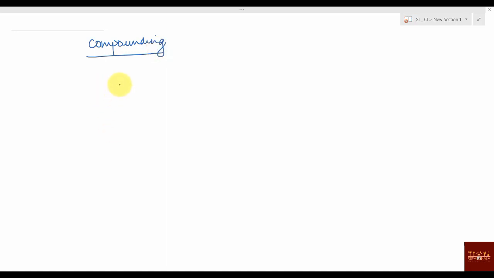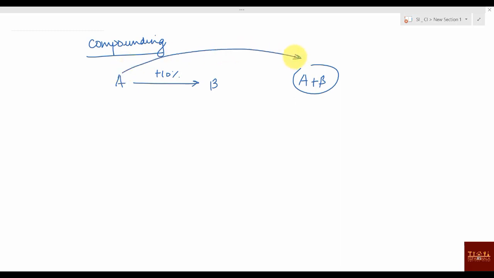Suppose one quantity is A, and it is increased by 10% and becomes B, and then you add A plus B. The journey from A to A plus B is called compounding. Now you can say A is compounded. Again, A plus B increases by 10% and becomes C, and you add A plus B plus C. Again it is compounded. Change is happening and you are adding that change, that is compounding.